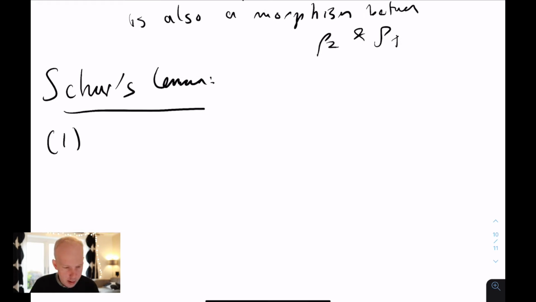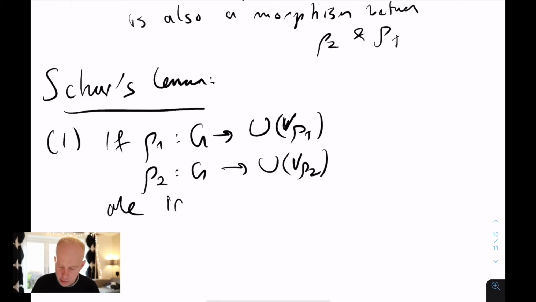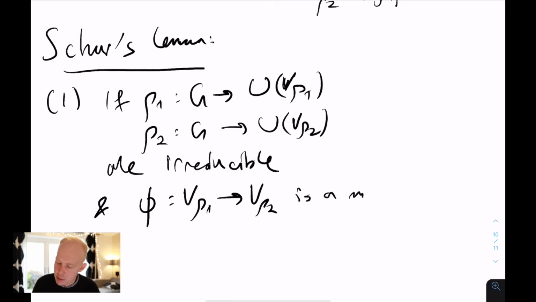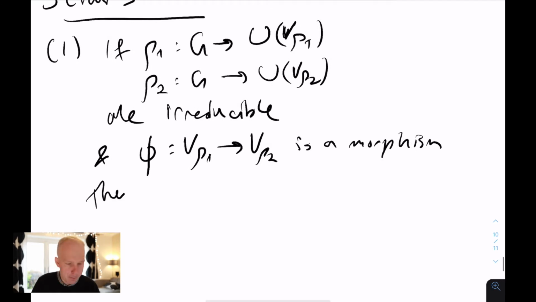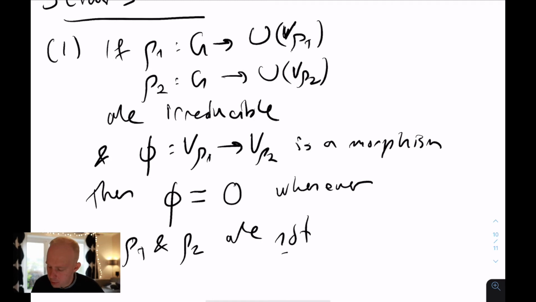One is that if rho 1, which is a unitary representation, and rho 2, which is from G to U(V rho 2), are irreducible, and we have that phi from V rho 1 to V rho 2 is a morphism, then this phi has to be equal to the zero matrix whenever rho 1 and rho 2 are not isomorphic.